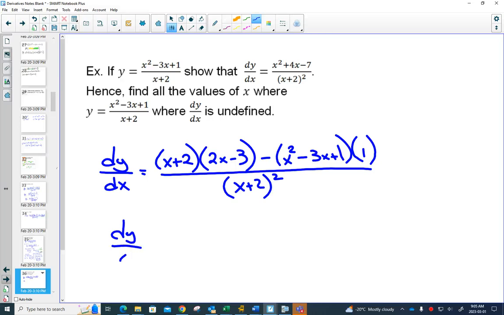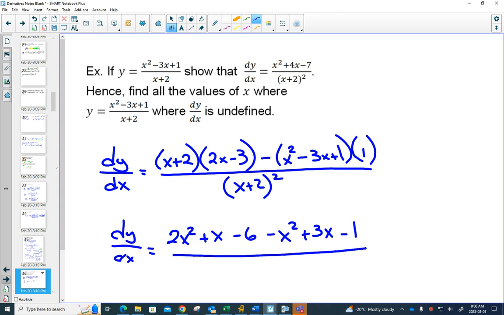So now on the top, I'm going to multiply this out, giving me 2x squared minus 3x plus x minus 6. And this subtraction sign means that each of them will get subtracted.